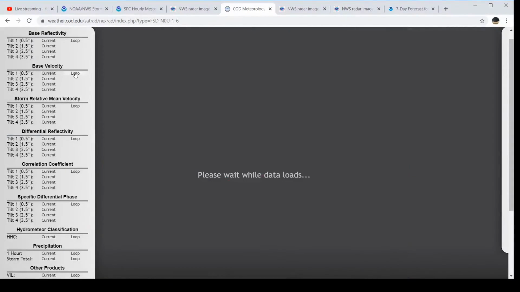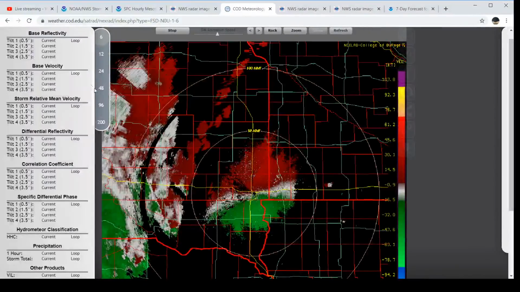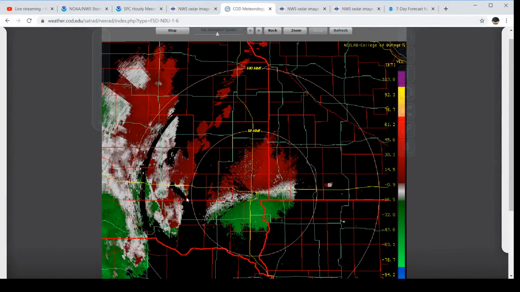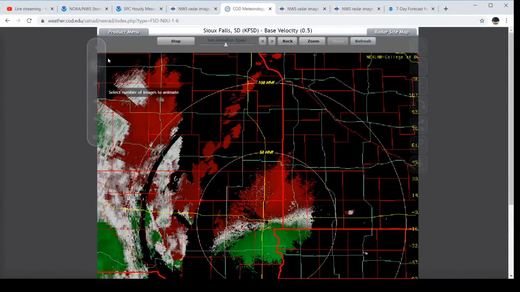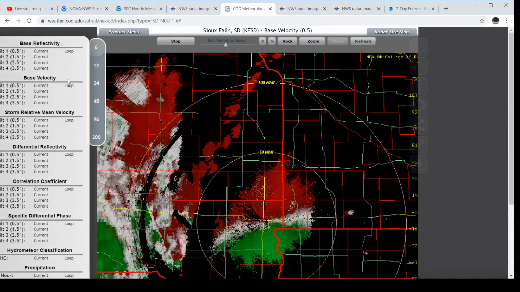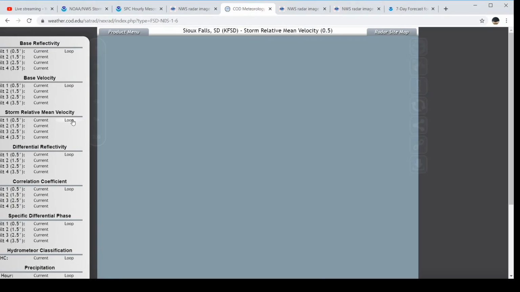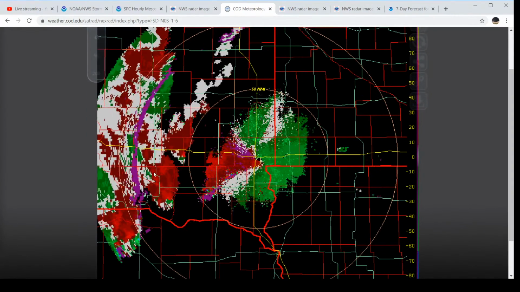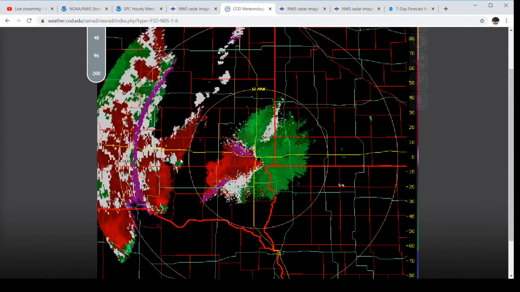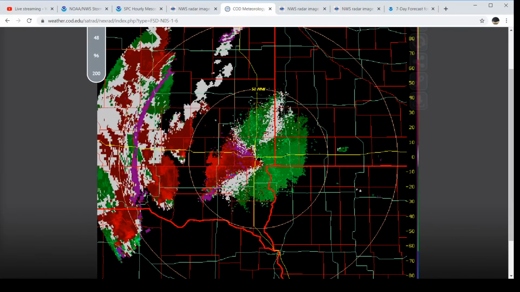That storm... Luckily, it doesn't look as impressive as it did. So hopefully that's the sign of it weakening.